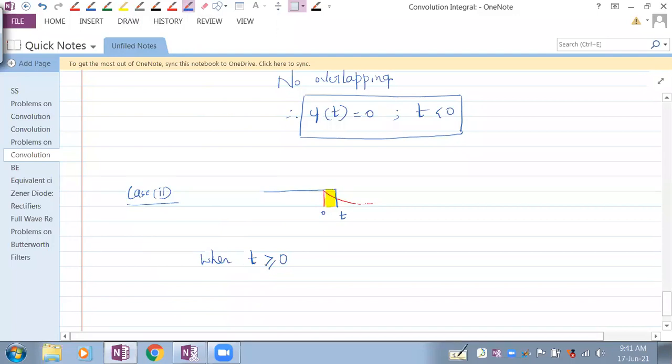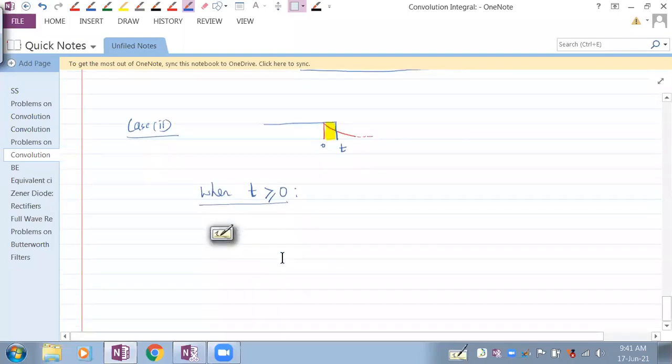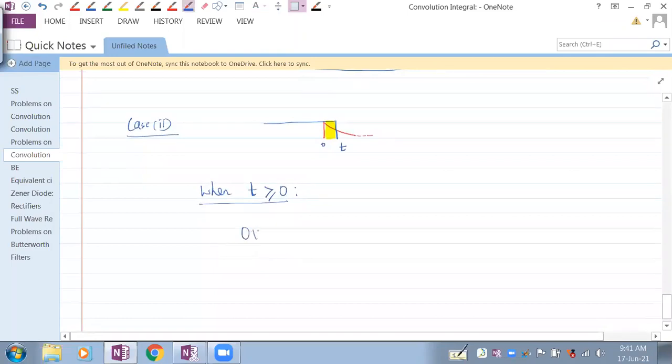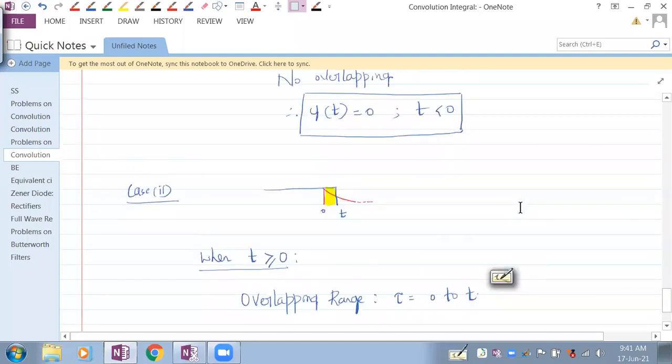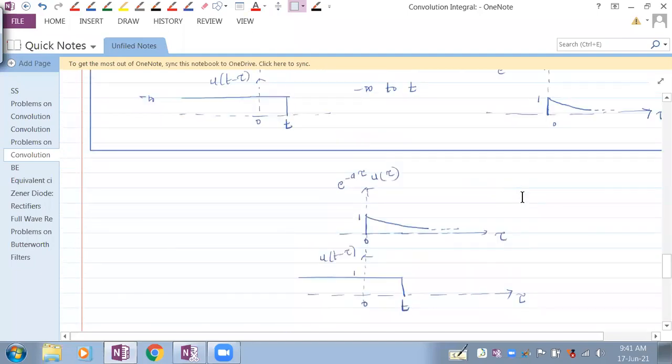When t is greater than or equal to 0, the overlapping range is tau from 0 to t. So therefore, equation number 1, where is our equation number 1? This is our equation number 1.